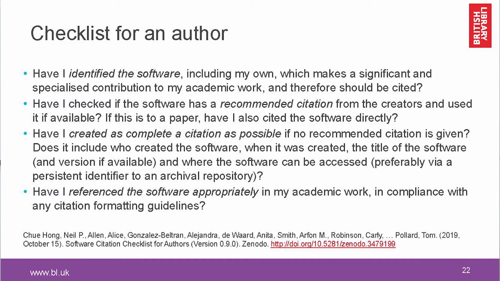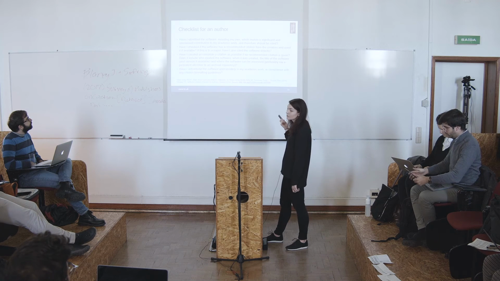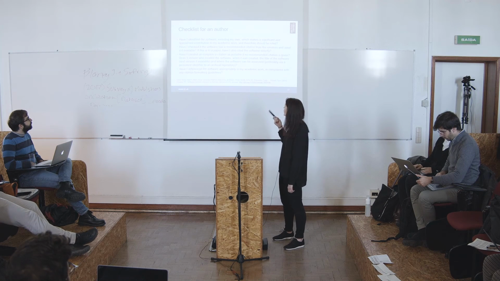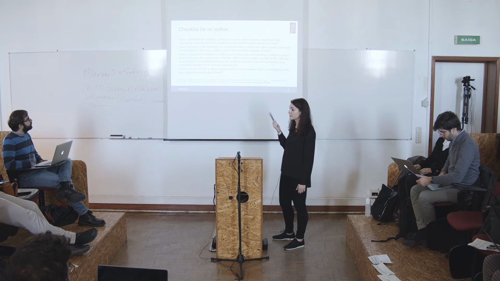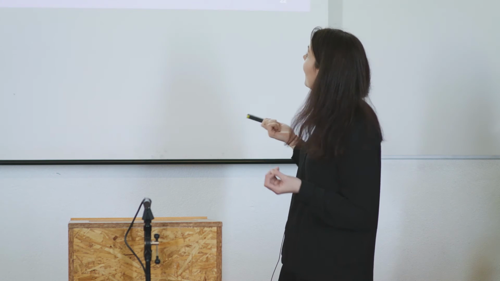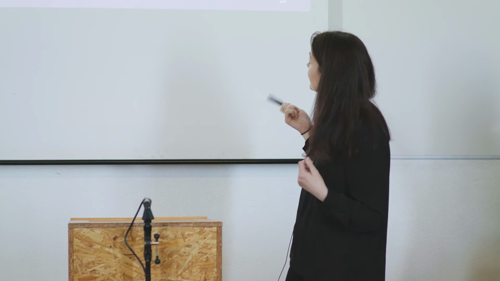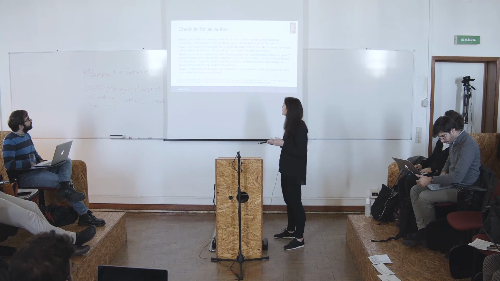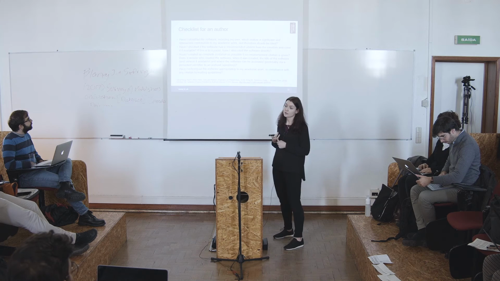You could also argue that this is relevant, and you could probably replace data for some of this as well. So, have you identified the software, including your own, which makes a significant and specialized contribution and therefore should be cited? Check the recommended citation.